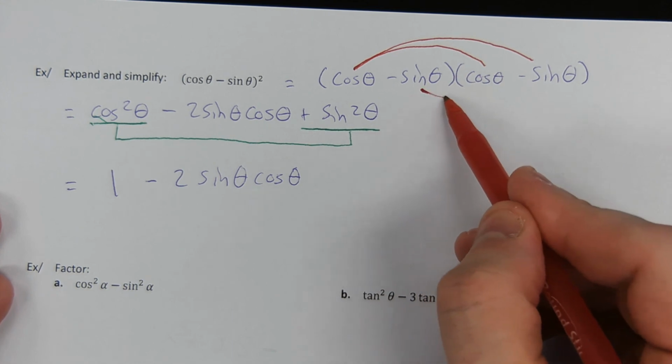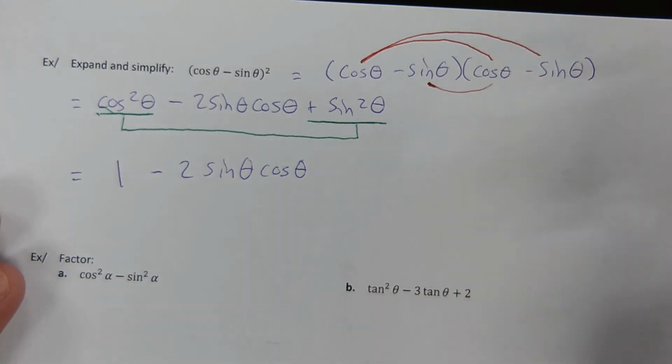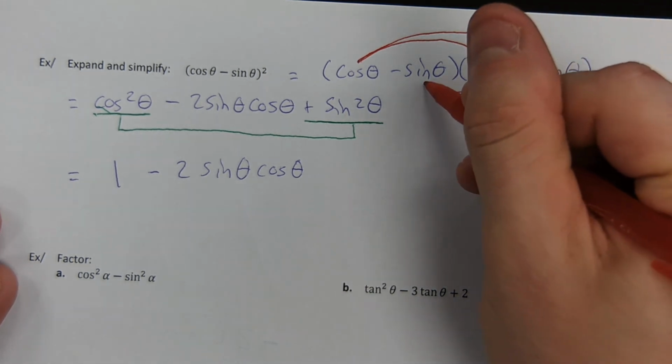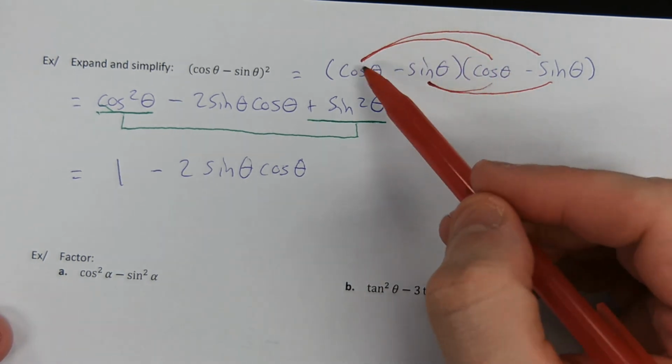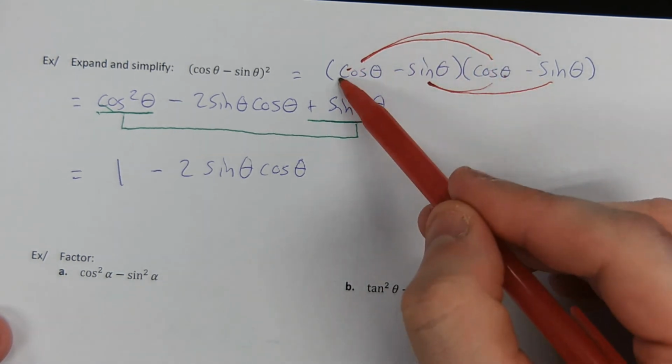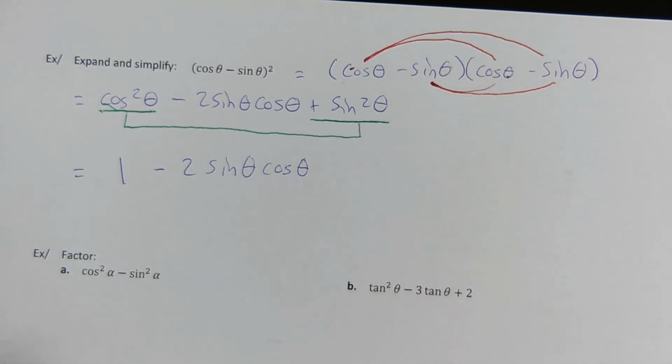And then negative sine theta times cosine theta gives me a second negative sine theta cosine theta. So those two things would have been in the middle, combined like terms. And then negative sine times negative sine is positive sine squared. So how does first, outer, inner, last make sense? First one times first one. Outside one times outside one. Inside times inside. Last one times last one. That's what they mean by that. It basically is a Punnett square without drawing the squares.